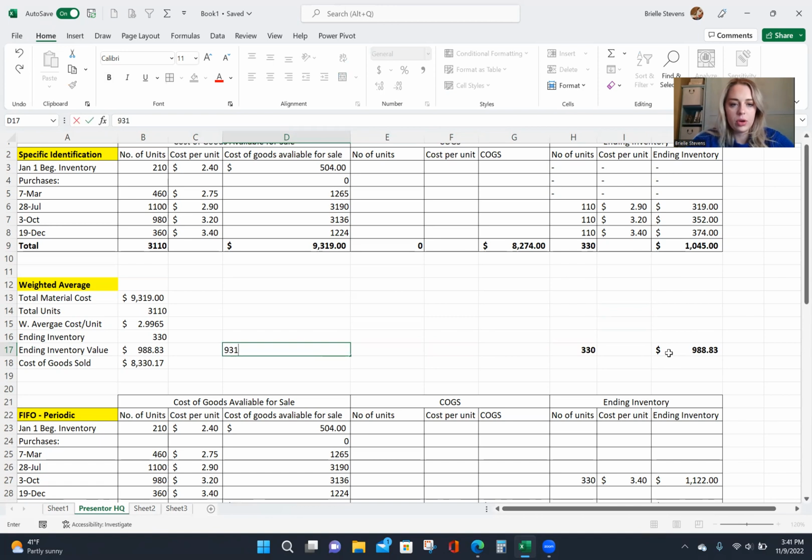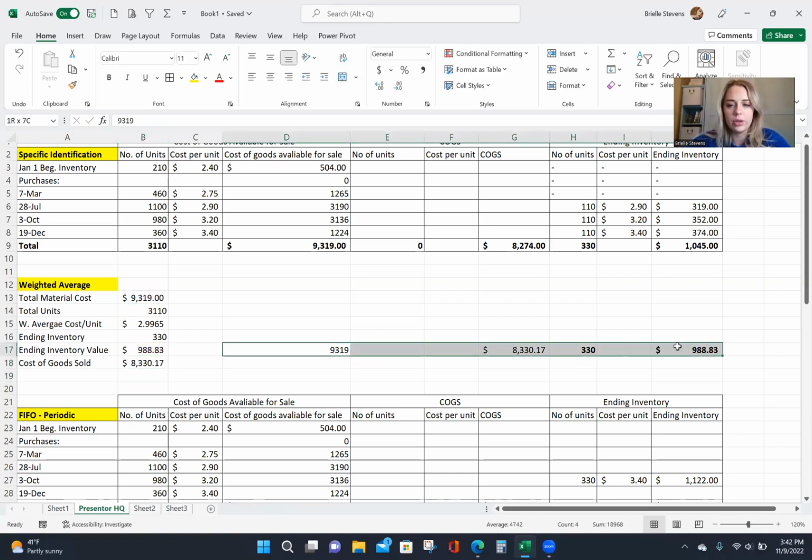And then we do the simple equation to find out the cost of goods sold. And that is this amount, right? Our cost of goods available for sale minus our ending inventory gives us this very simple figure, and we find out what our cost of goods sold is.